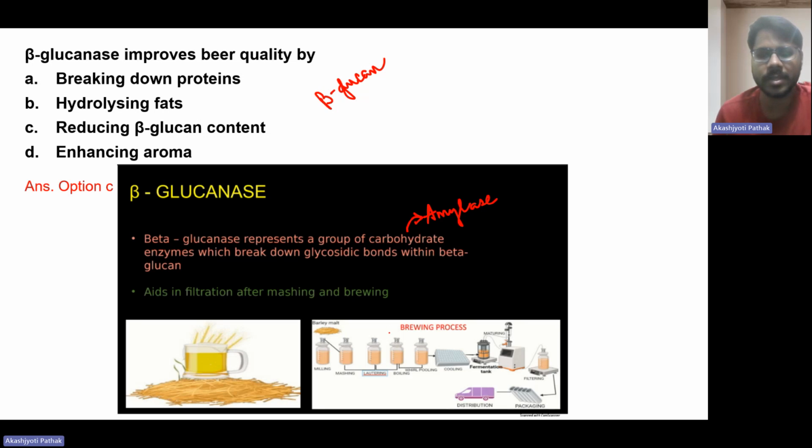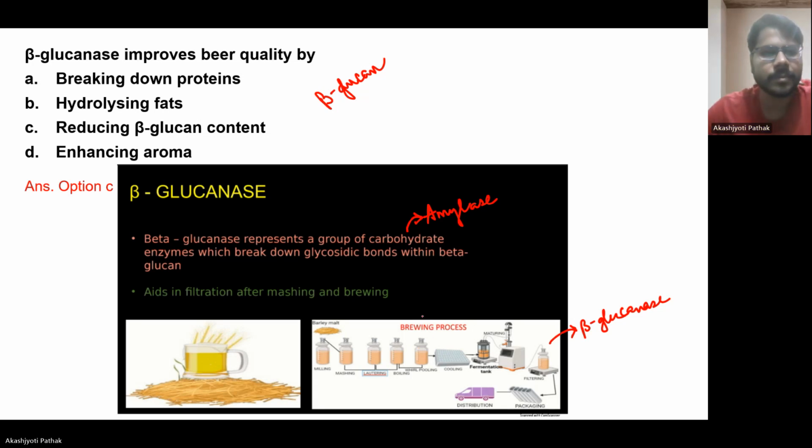You can see here in this figure the different processes that take place in a brewing industry: milling, mashing, lautering, boiling, whirlpooling. Then there is a fermentation tank and filtering. In this filtering process also, beta glucanase is mainly used. There are a series of steps required for getting the final product.